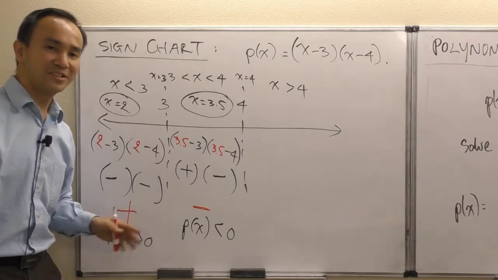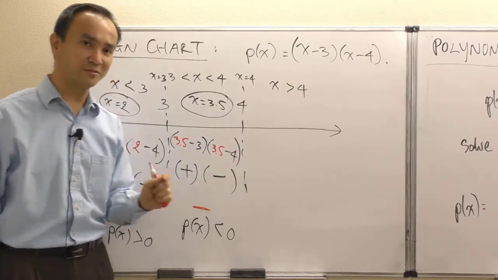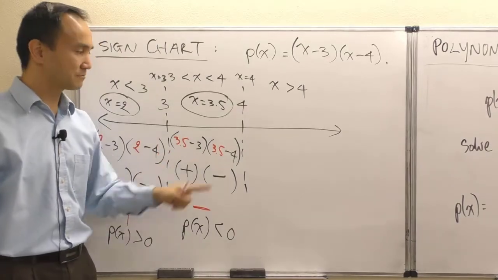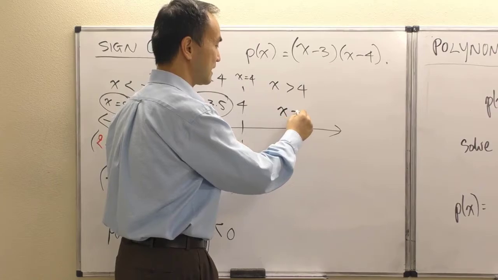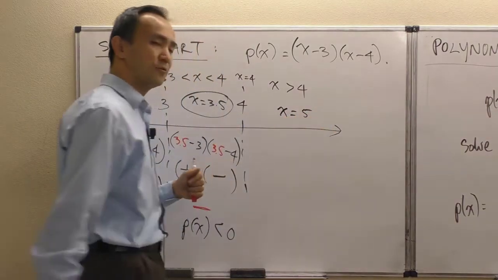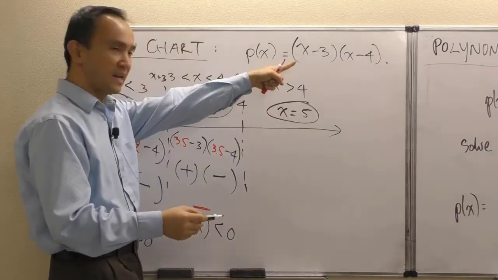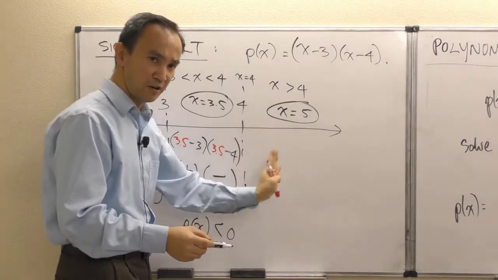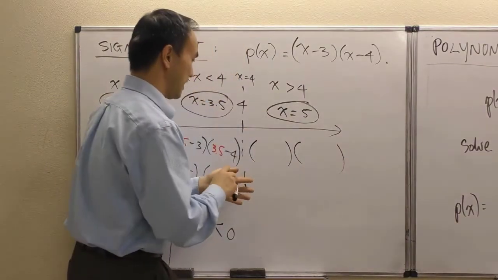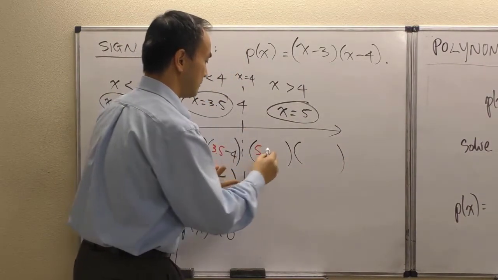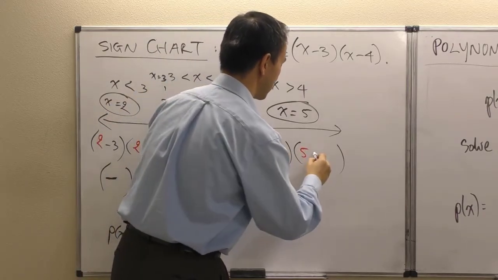All right, and so now I will start picking up pace, and you already see where I'm going with this. For that interval over here, you can pick a value of your own choice. I picked x equals 5, for example. It's just a value we chose. And now let's test it in our polynomial. Test for the sign on each factor. So we have 5 minus 3 times 5 minus 4.